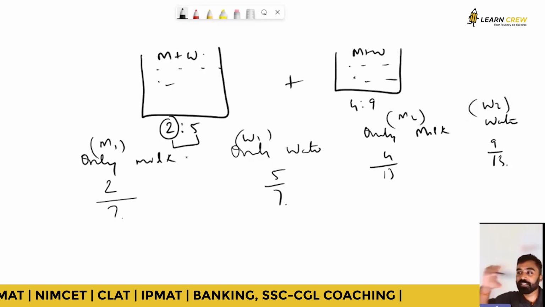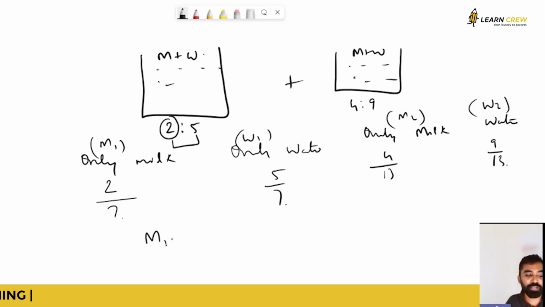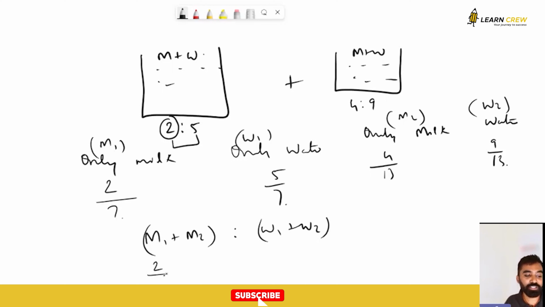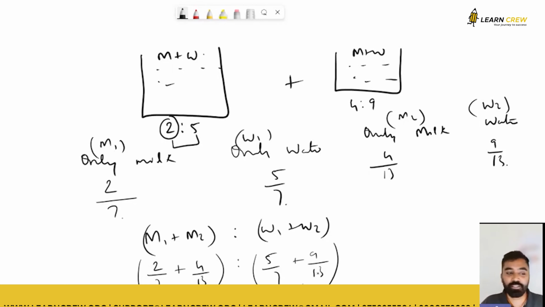If I mix both containers together, it becomes milk 1 plus milk 2 in the ratio to water 1 plus water 2. Yes or no? Yes. So it is 5/7 plus 4/13 is to 5/7 plus 9/13. Find out the answer for this and that becomes your ratio. This is how you find mixtures in terms of ratios.